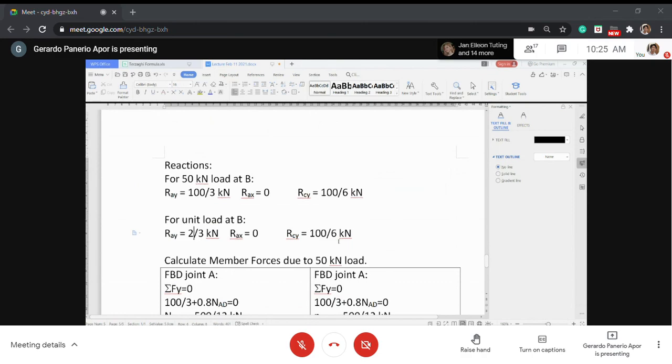Then this one is 1 divided by 3. If you add these, you have a unit load.